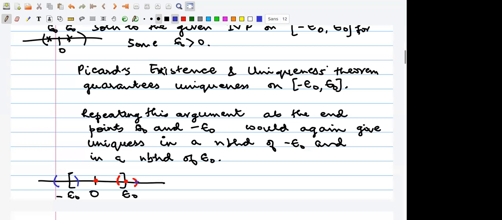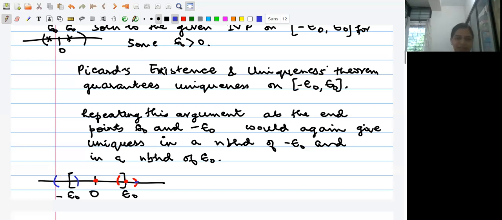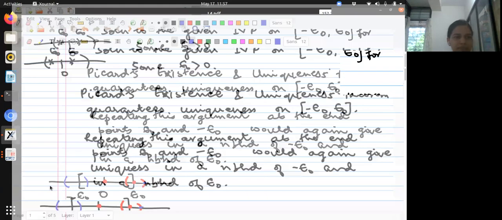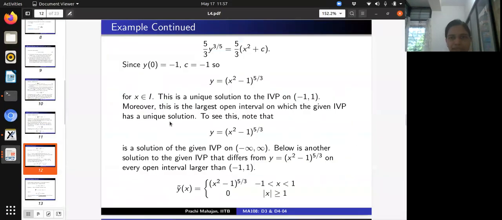So can we say that from this approach it is very difficult to get the interval -1 to 1? No, you don't say that it is very difficult. What is it exactly I have on the slide? That this is the unique solution to the initial value problem on the interval -1 to 1.